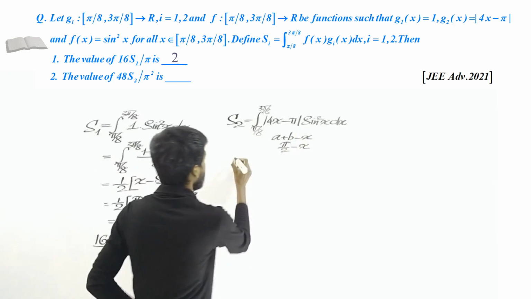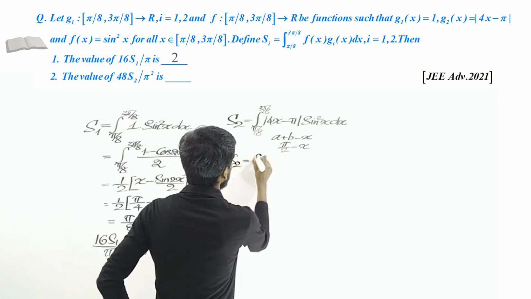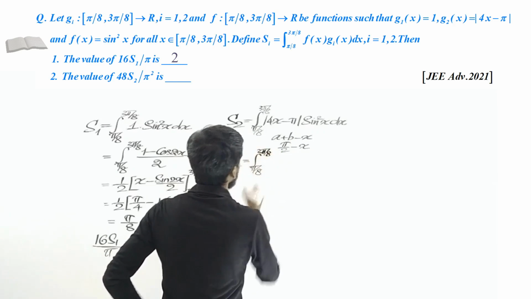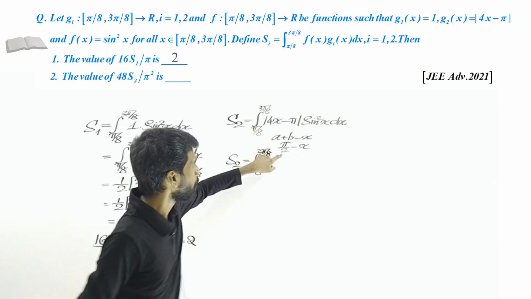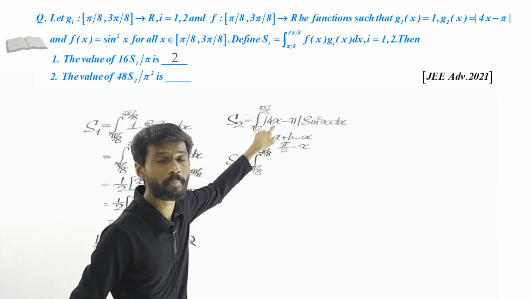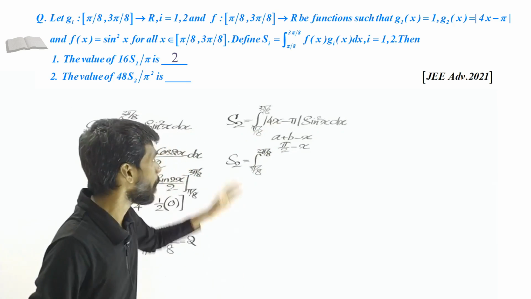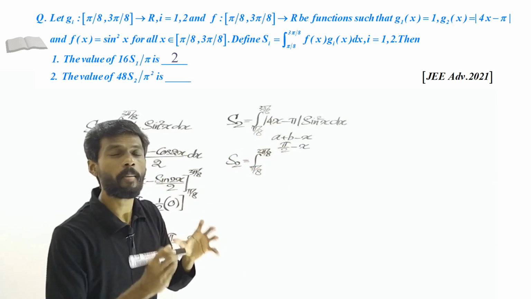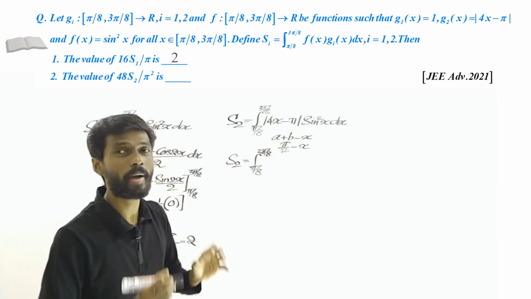The same integral S2 will become the integral from pi by 8 to 3 pi by 8. Here you replace x by pi by 2 minus x, so it becomes 2 pi minus 4x minus pi, that is pi minus 4x, but inside the modulus pi minus 4x or 4x minus pi are both the same.